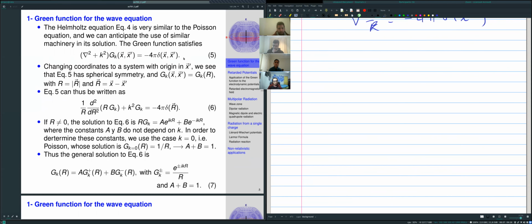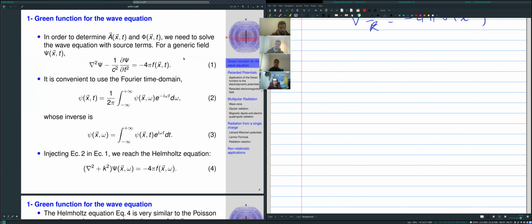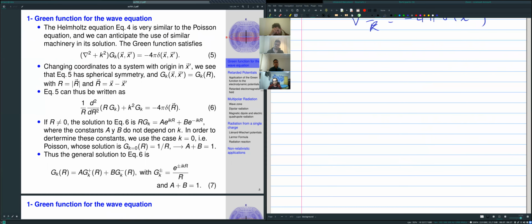Okay, so going back, what we did here is we have equation 1, which is the wave equation we're trying to solve, and the source function depends on position and time. Okay, and then we propose to solve this equation in the Fourier domain, and we reached the Helmholtz equation.